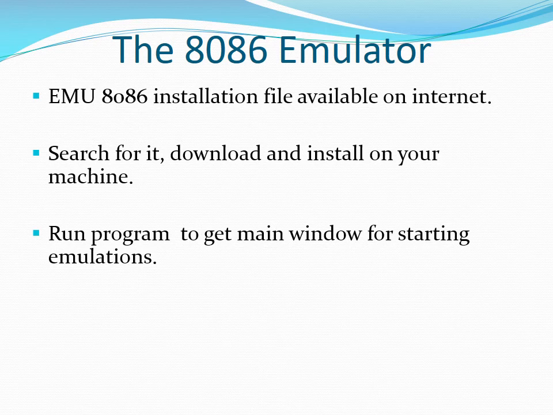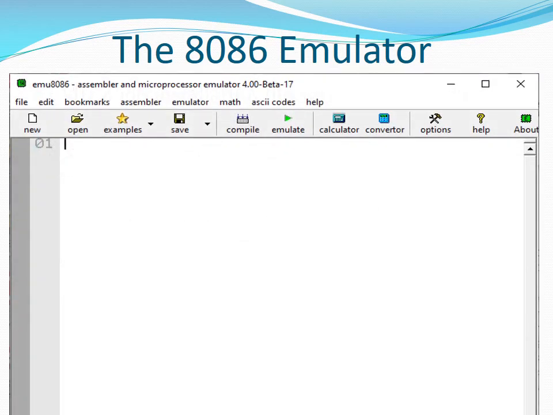When you run the emulator, you will see a number of dialog boxes. Respond accordingly and as relevant until you get this window. The window has menu items that are similar in nature to the menu items that we find on any other computer window.